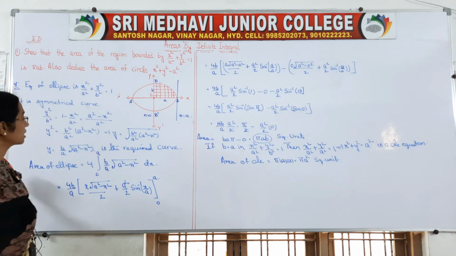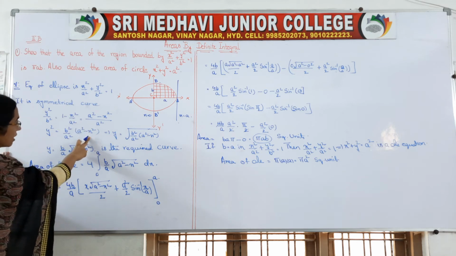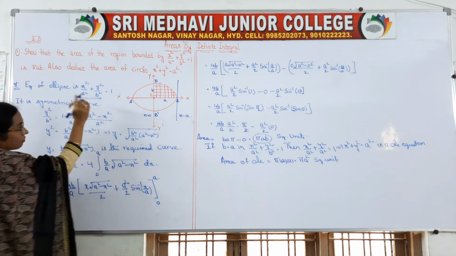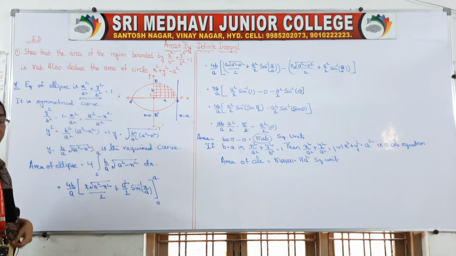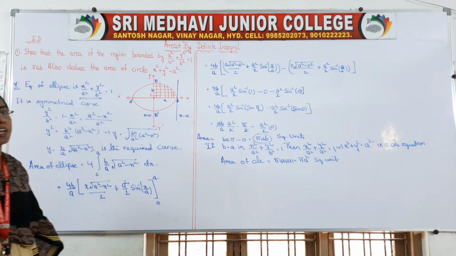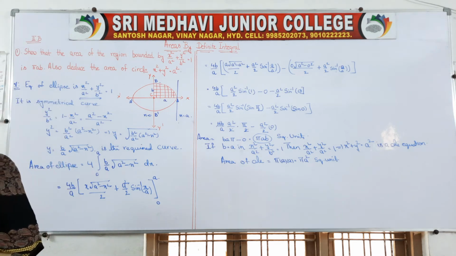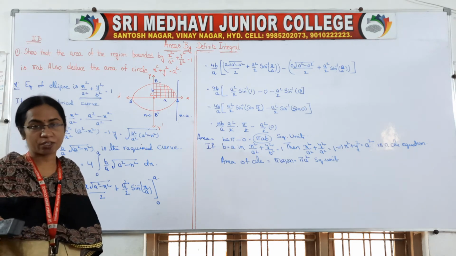So first, the given ellipse equation is this one. With that you get your y value. Why do we have to get the y value? Because in these area problems, curve means y value.